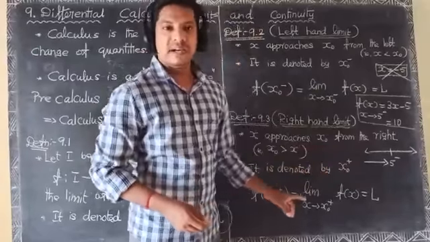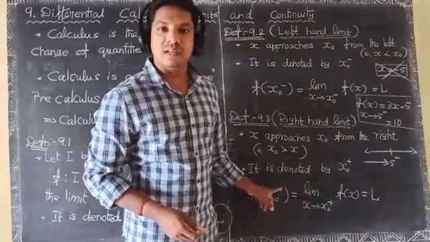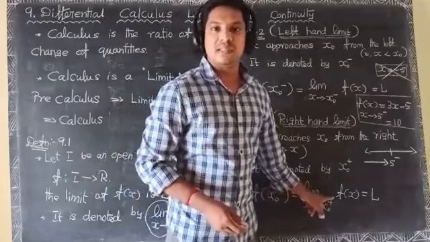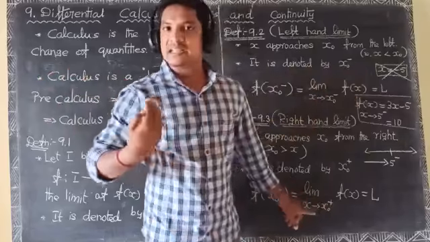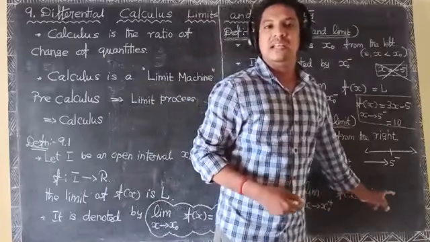It is denoted by limit f of x naught power plus, which is equal to limit x tends to x naught power plus, that is, x approaches x naught from the right side, f of x, which is equal to n.